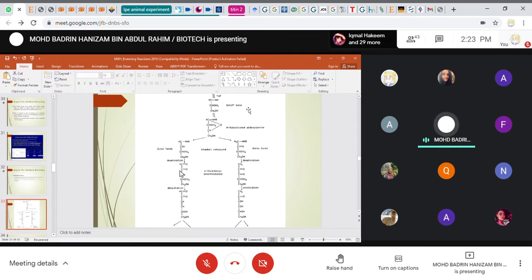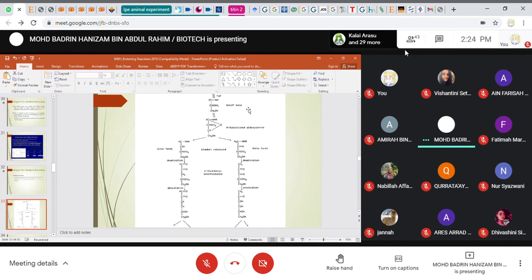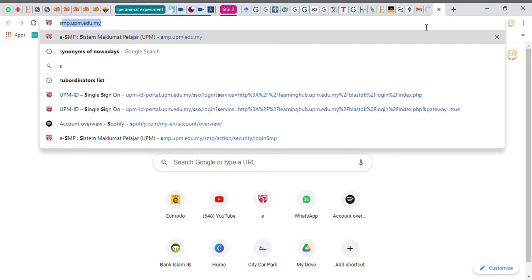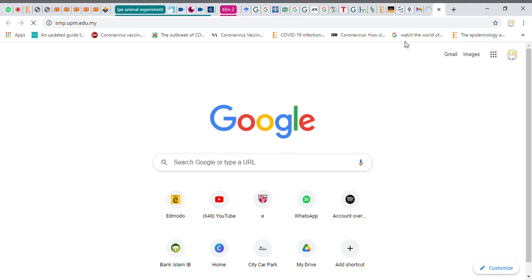If you go back to your chemistry lesson, what is a Schiff base? During the Maillard reaction, at the stage of the Amadori rearrangement, this reaction will produce Schiff base compounds. If you can't remember, just Google what a Schiff base is.